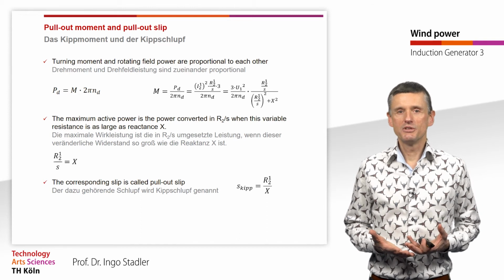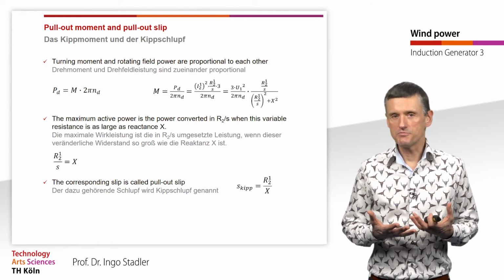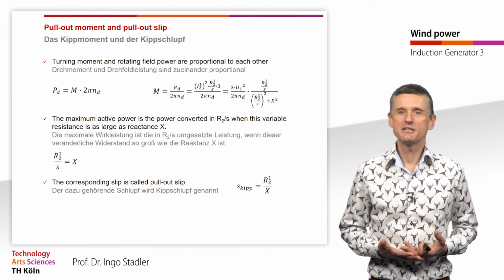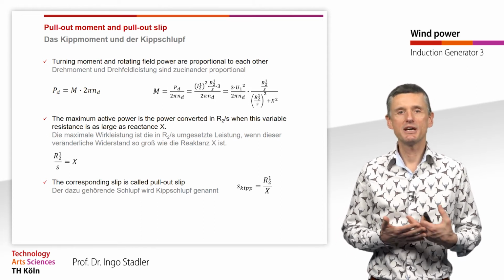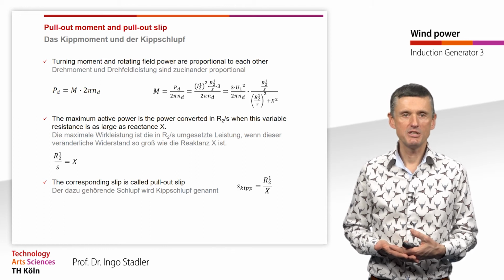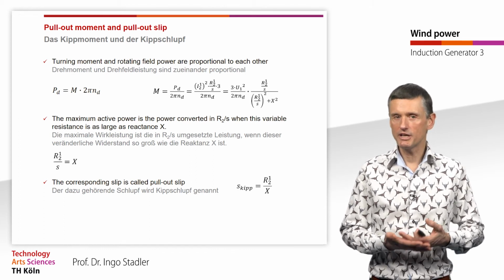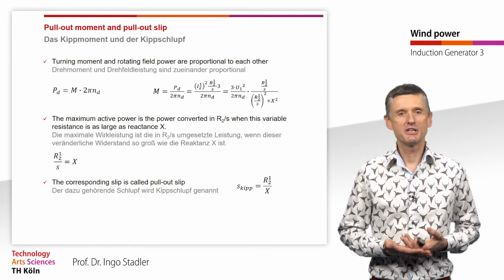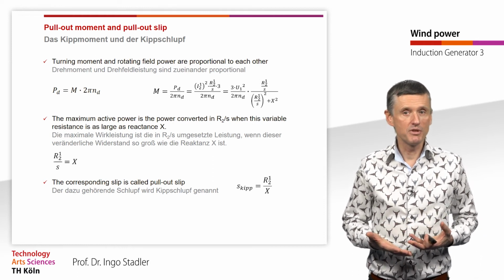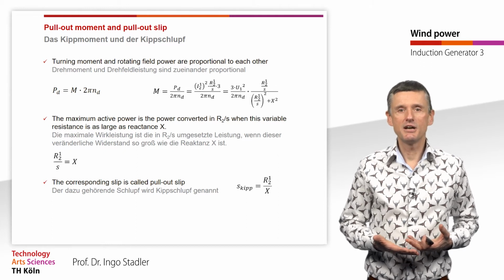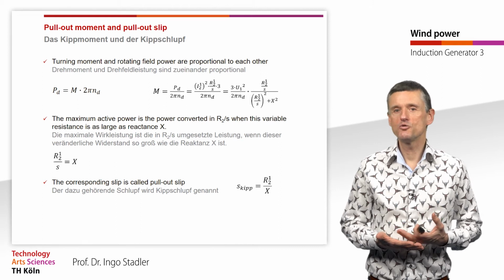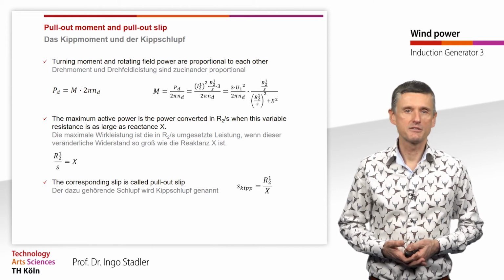And this term is getting at its maximum when the R2' divided by the S is the same like the reactance X. That means when R2' divided by S is equivalent to X. And the corresponding slip where it's getting maximum is then the pull-out slip, which is equivalent to R2' divided by X.